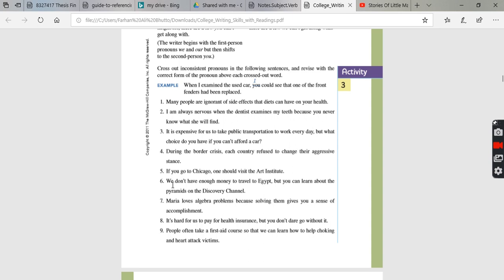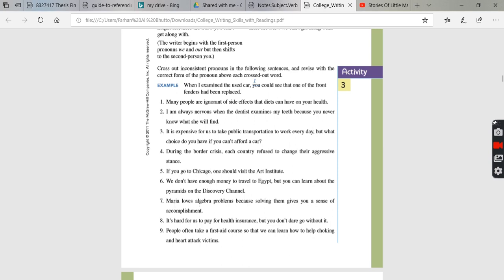6. We don't have enough money to travel to Egypt, but you can learn about the pyramids on the Discovery Channel. The correct sentence would be, we don't have enough money to travel to Egypt, but we can learn about the pyramids on the Discovery Channel. 7.